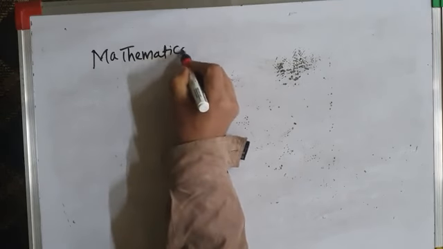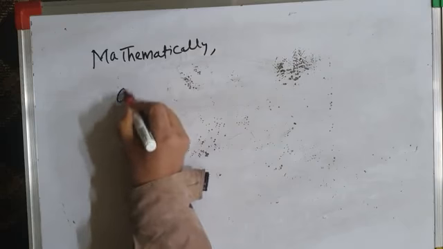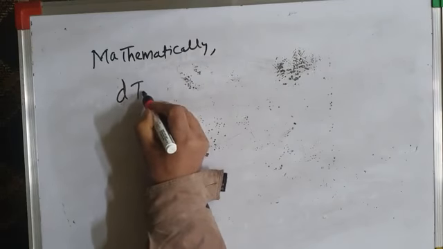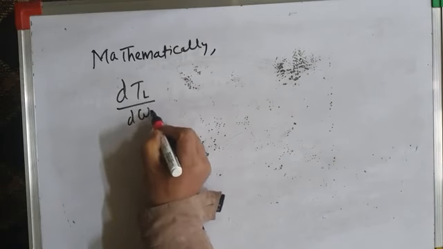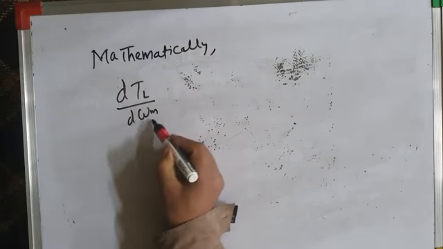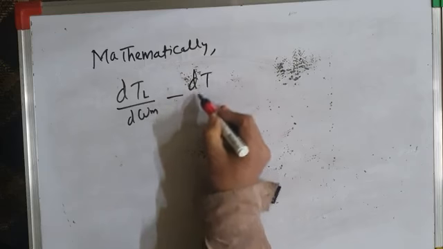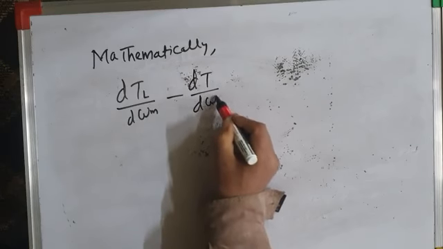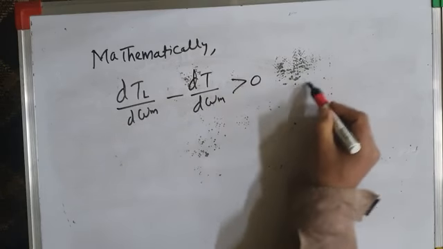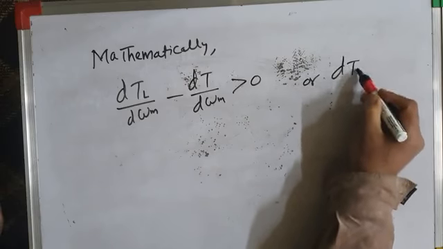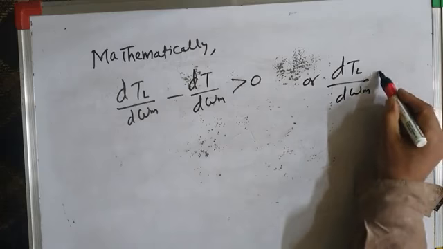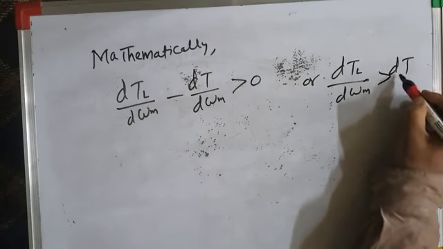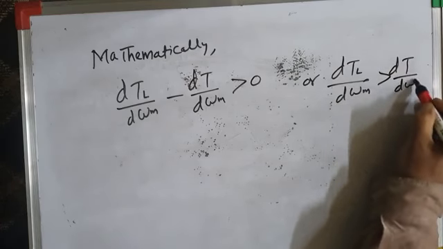Yes, it can be done mathematically. So mathematically, if the rate of change of load torque with speed, dTL by d omega m, minus dT by d omega m is greater than 0, it means the slope of the load torque characteristic with respect to speed is greater than the slope of the motor torque characteristic with respect to speed.